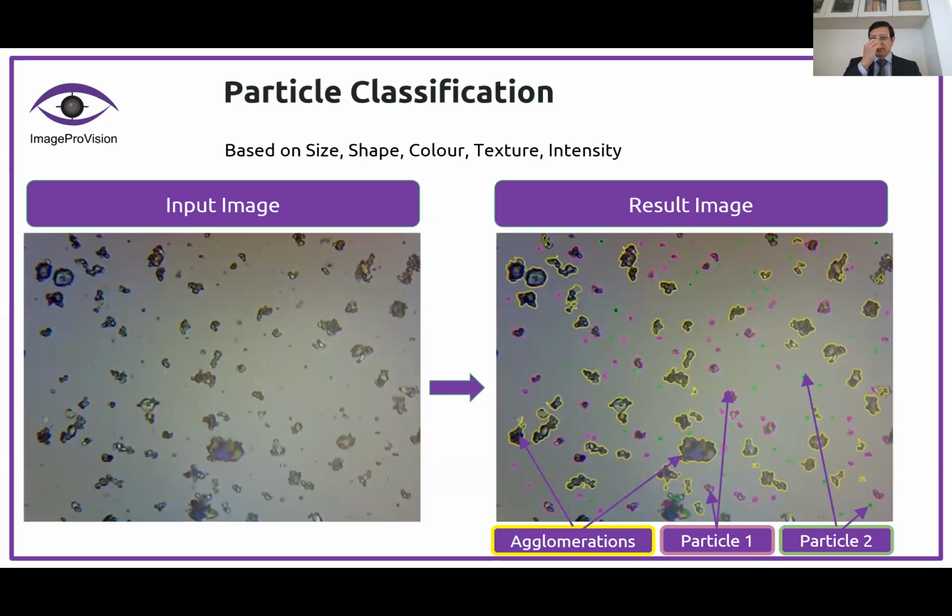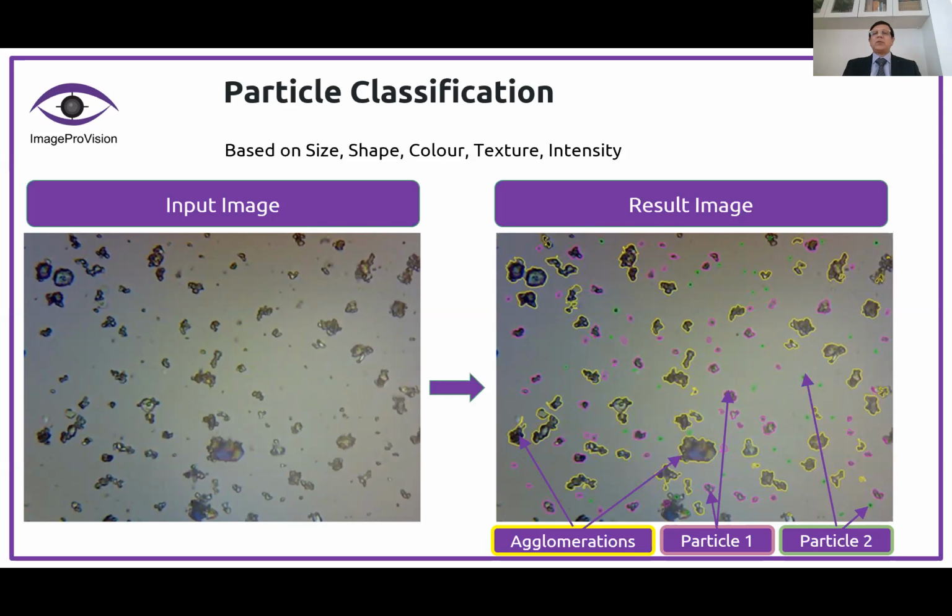So let us quickly understand the analysis. On the left side, you will find the image which comes from the microscope, and what the software does. First of all, it identifies each and every particle. Then it classifies whether it's an isolated particle or an agglomeration. It is done through a patented algorithm.